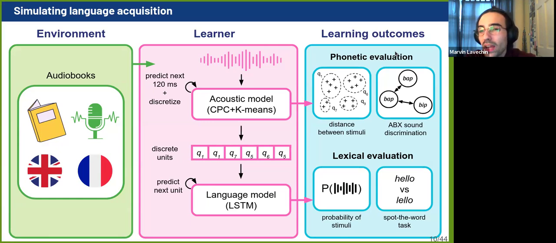It's super easy to do. If I stop in the middle of the sentence, you're going to be able to predict the next sound, maybe the next word as well. This is compatible with what we know of infants, but I'm happy to debate.